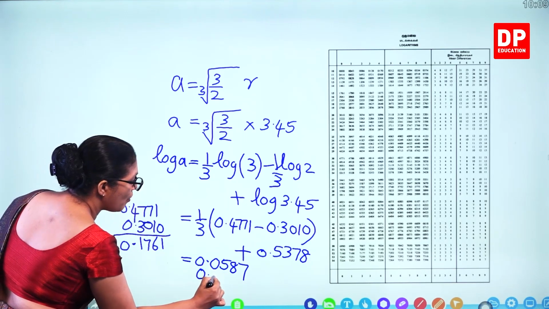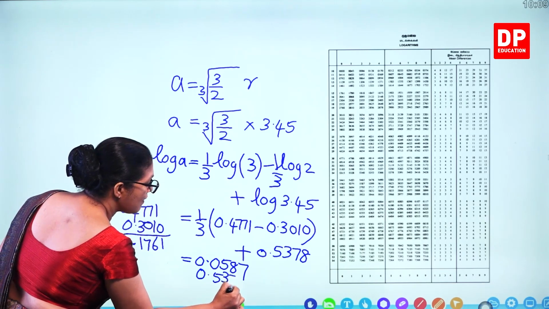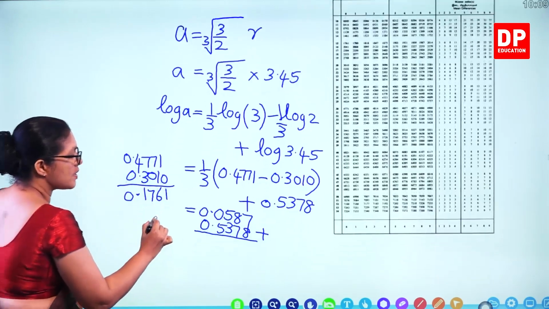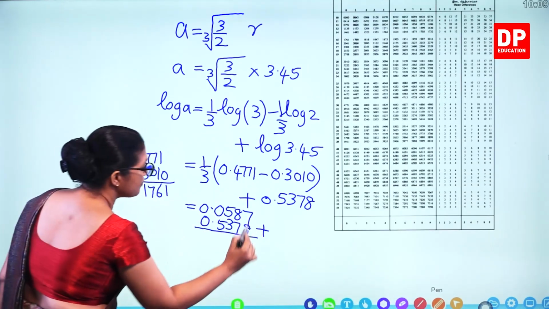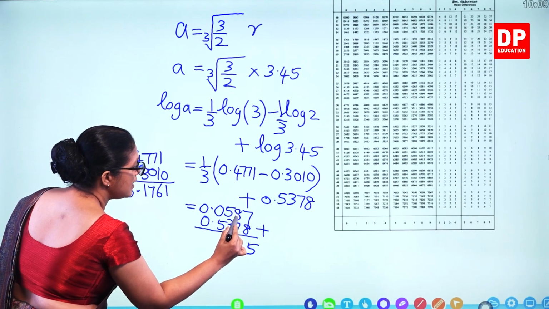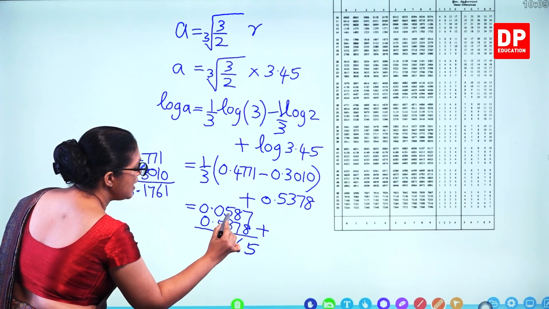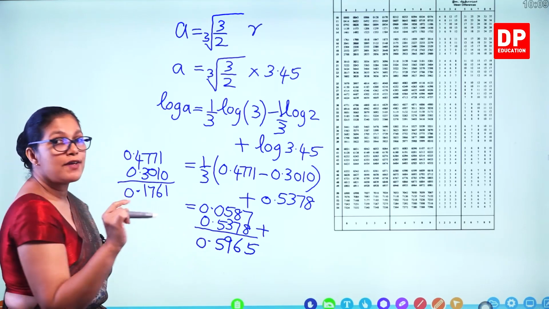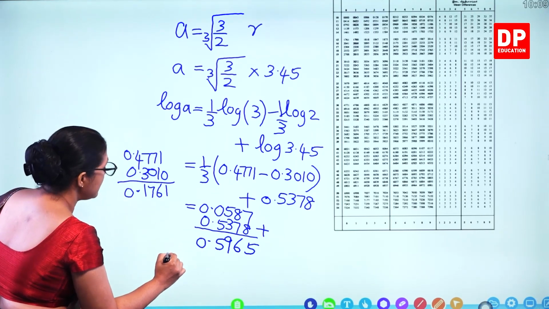And you add 0.5378 to that. So what's the addition? 0.5965. Take antilog value.